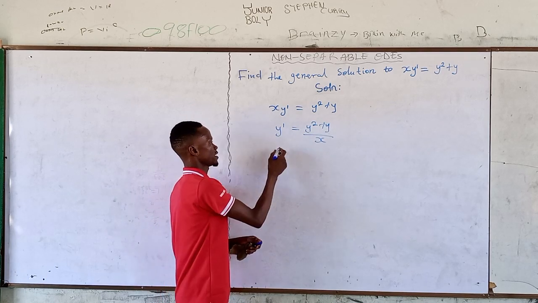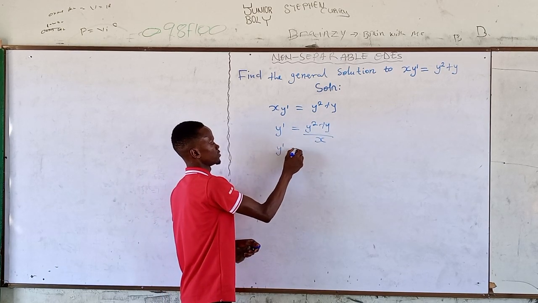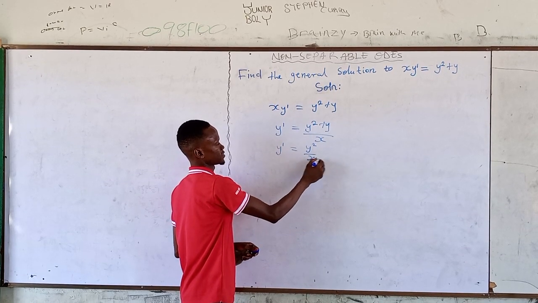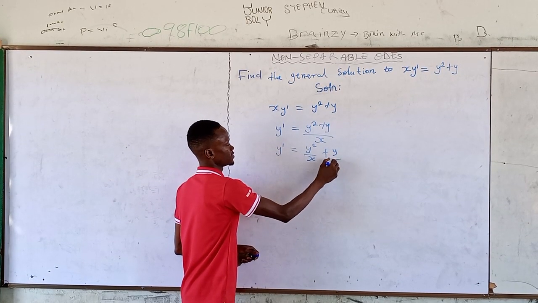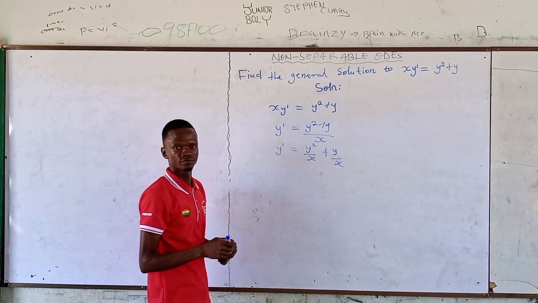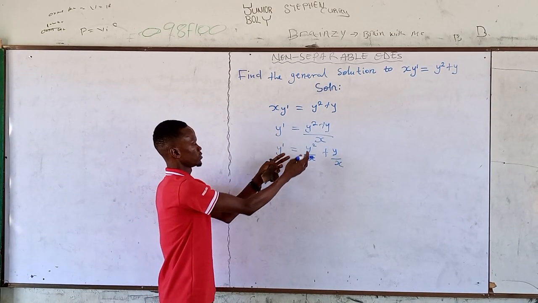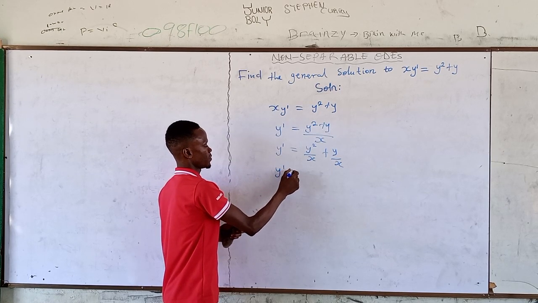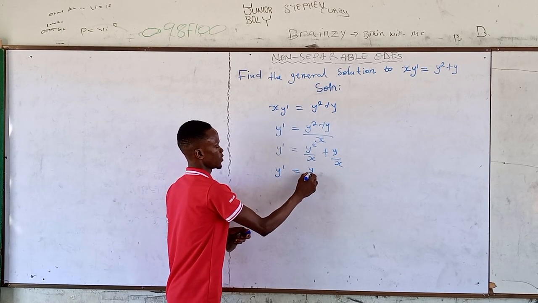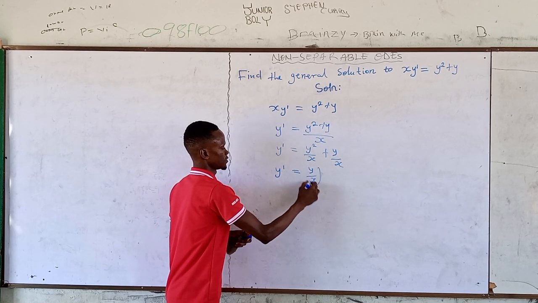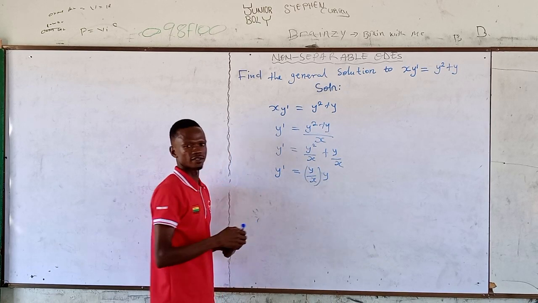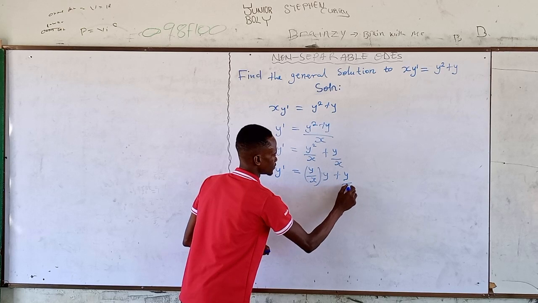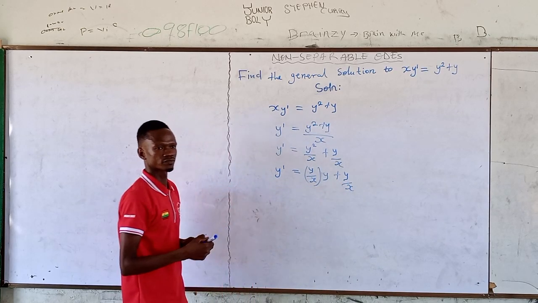And then the next thing is to divide. We have y squared dividing x, then we have y dividing x. And so y squared dividing x can be written as y prime equal to y over x times y, then adding y over x.